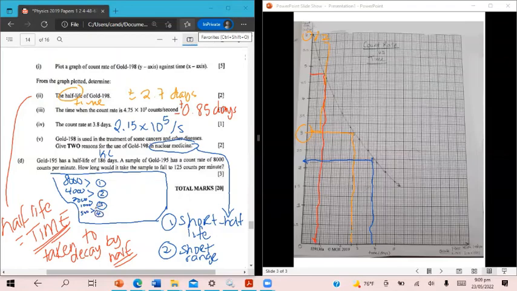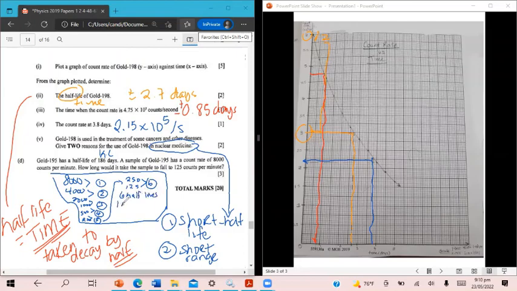That's four half-lives. 500 divided by 2 takes us to 250. That's five half-lives. And if we divide 250 by 2, we get 125. And so a total of 6 half-lives have passed.